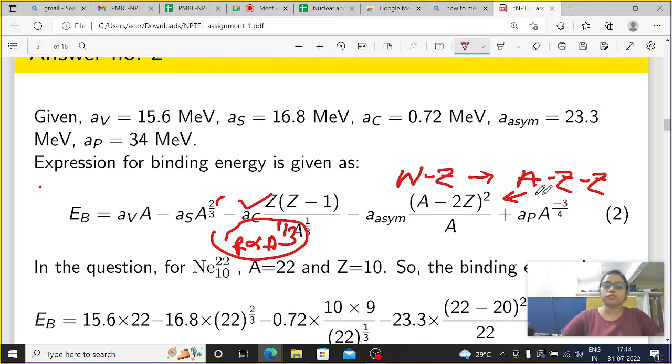So the fourth term basically describes the asymmetry term, which comes with an asymmetry coefficient, and A minus 2Z whole square divided by A.